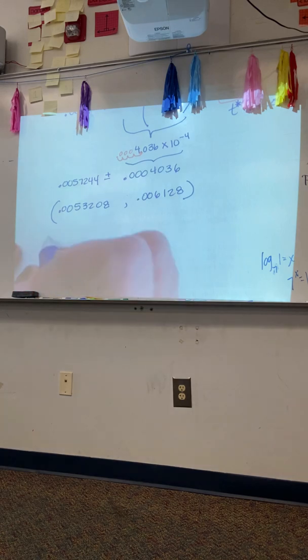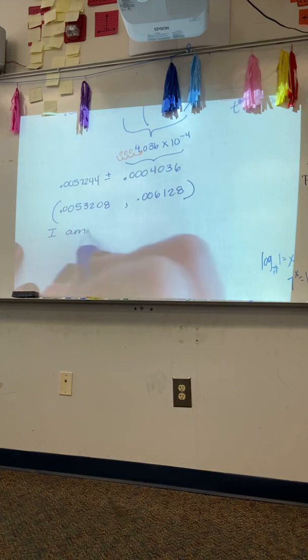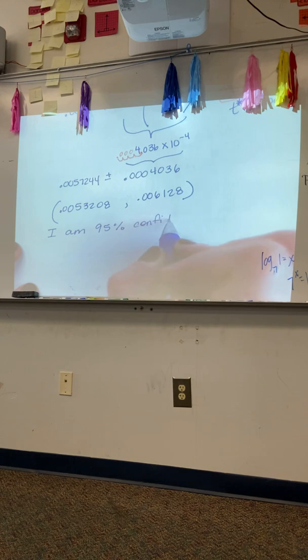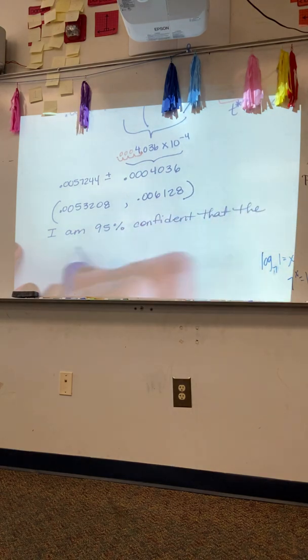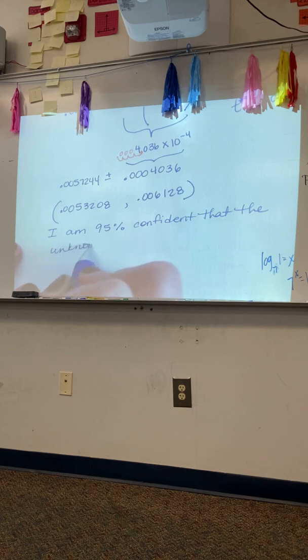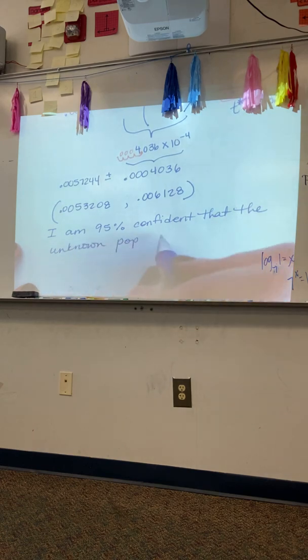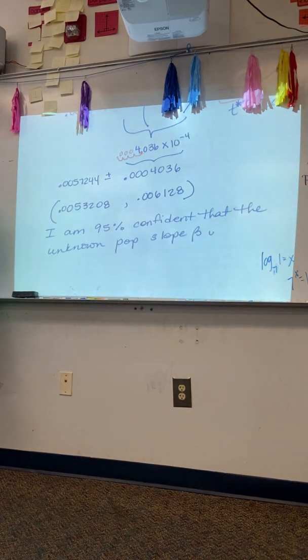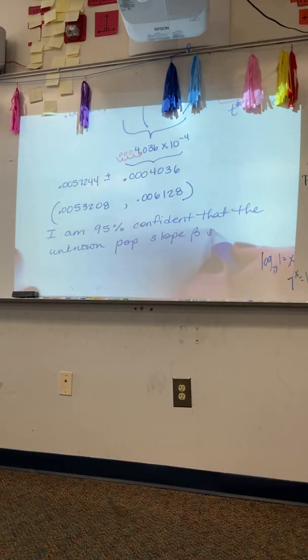All right, so this is your decision, 95% confident that the unknown population slope, beta, gosh, right here I have to say two things. Obviously I have to say the numbers, but I also need to say what the slope is relating, okay? I'm going to do that right now.